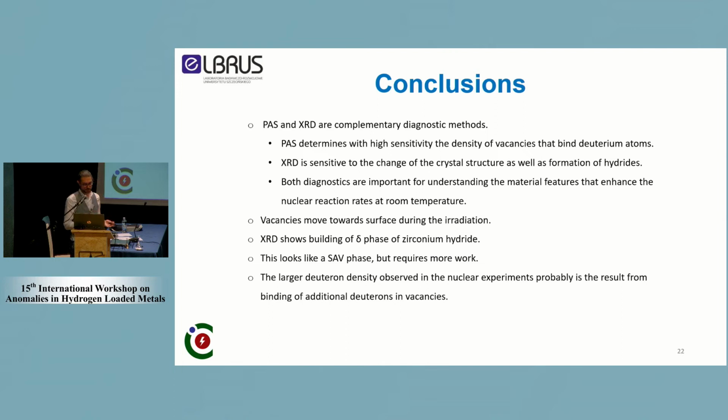So both diagnostics will be used in our lab. We have seen that vacancies move toward the surface during the irradiation, and we can also see them on SEM. How lucky is that? XRD shows building of delta phase, the 1.5 hydrogen per zirconium atom phase, and we have a large deuteron density observed in the nuclear experiments.